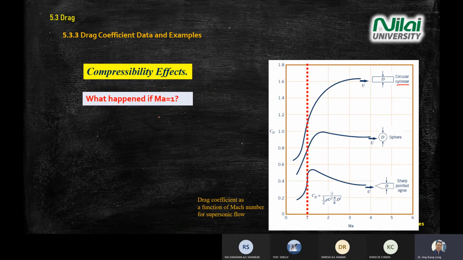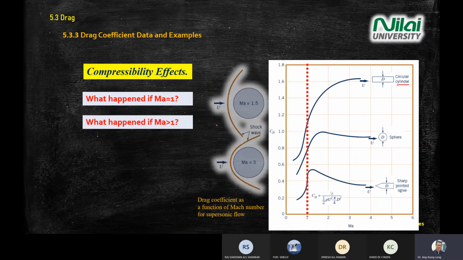Okay, so this is just some question to test whether you understand or not. What happens at Mach number 1, what happens at more than 1, and so on. If you have a compressibility effect, at Mach number 1 or more than 1, you will see some phenomenon called shock wave.